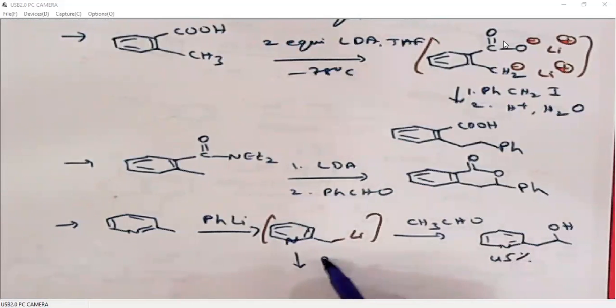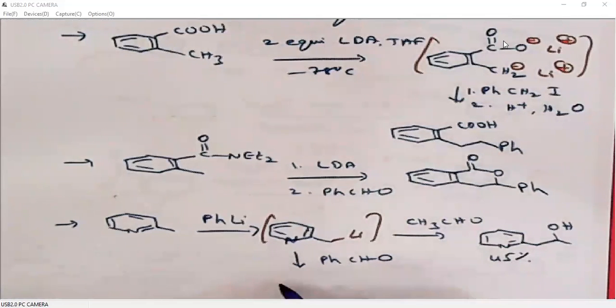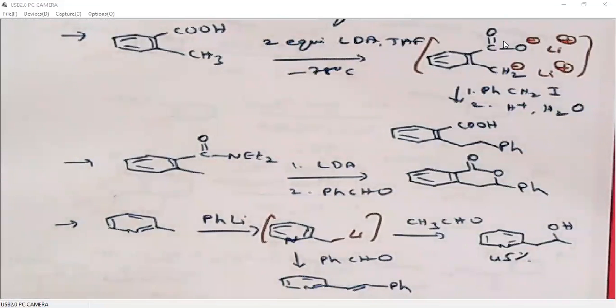But when it is treated with benzaldehyde, it is undergoing dehydration to generate this product. With acetaldehyde, it is giving alcohol. When we use benzaldehyde, it is undergoing dehydration also, probably due to the extended conjugation offered by the phenyl group.